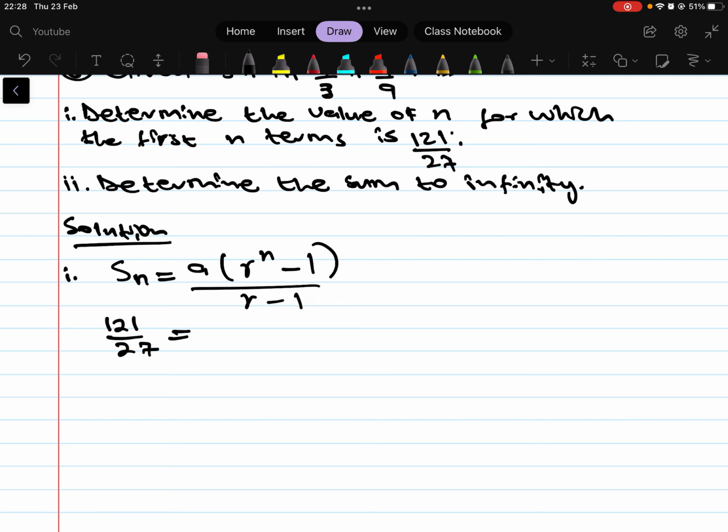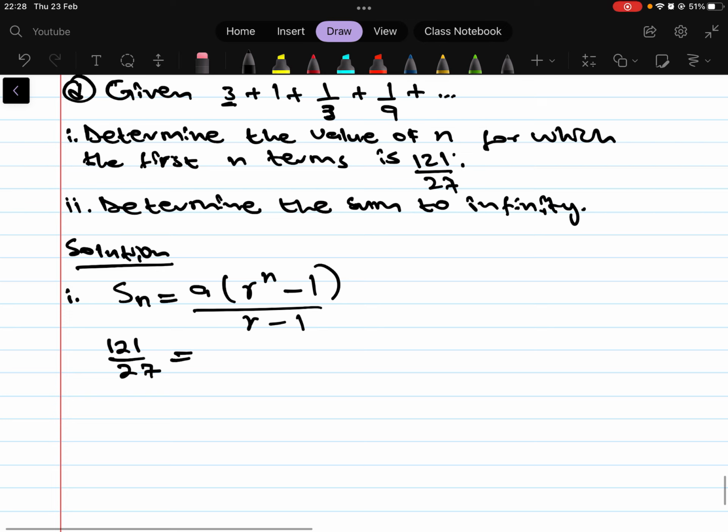What is our value of a? Our value of a is equal to the first term, which is 3. What is r? r is actually 1 over 3. You can just take term 2 divided by term 1. That gives you 1 over 3.